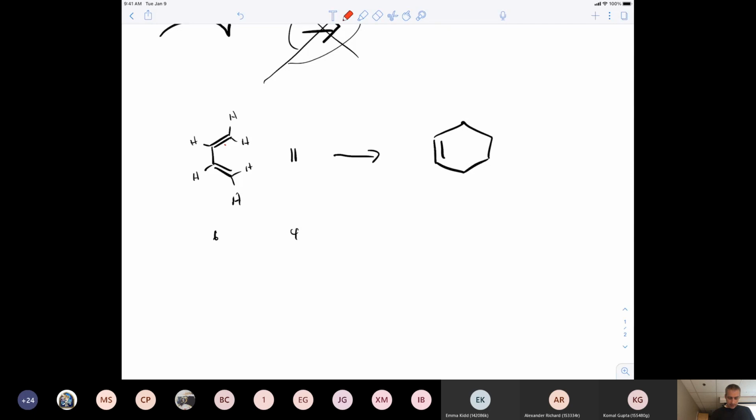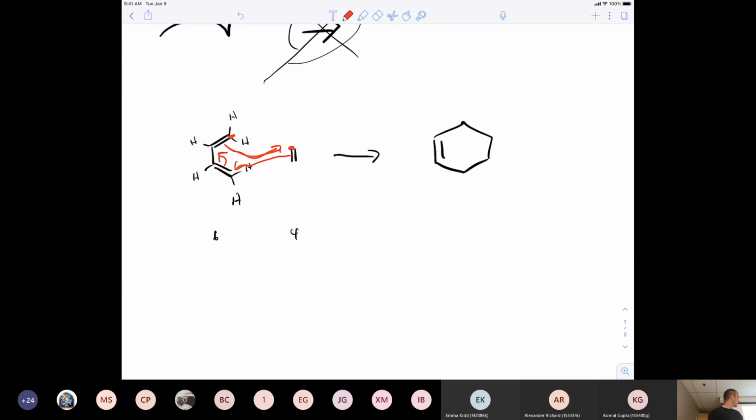So what's happening is there's sort of this cycle where the electrons are in one place and they just go, whoosh, they all switch over one spot. That pair of electrons here goes to the space between that carbon and that carbon to form a carbon-carbon bond.